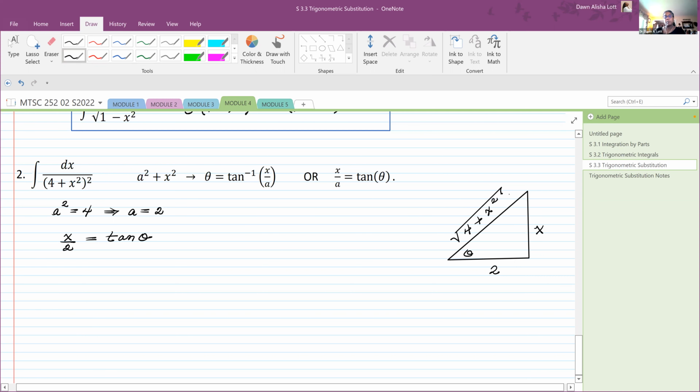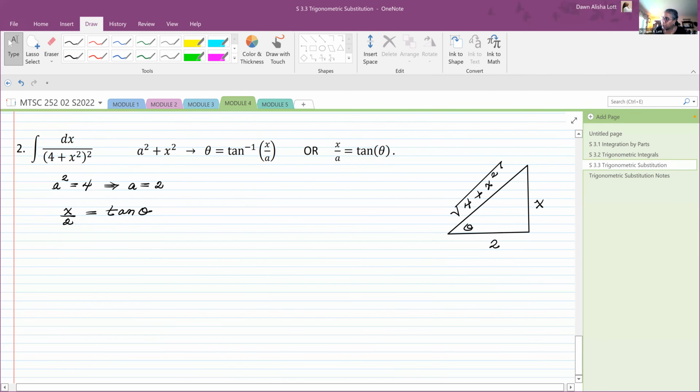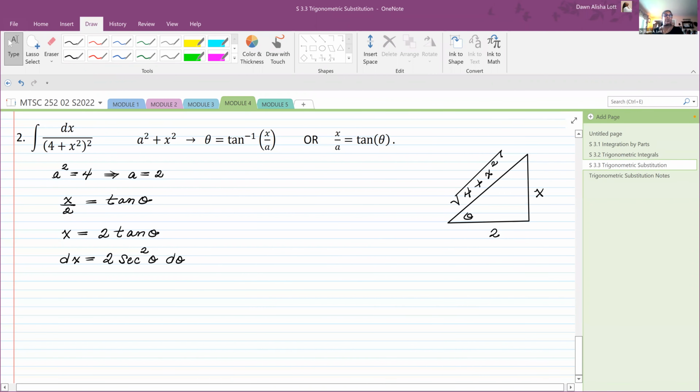All righty, so now I have x is equal to 2 times the tangent of theta. I know I need dx, so dx is 2 times the secant squared of theta d theta. Now I have to figure out what 4 plus x squared is.